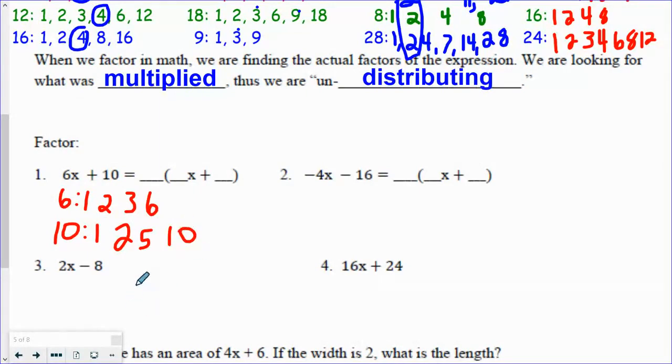Okay, so what do they have in common? They have our 2's in common. So I'm going to divide both of these by 2. I take 6, divide it by 2 to get 3. Take 10, divide it by 2, and you get 5.